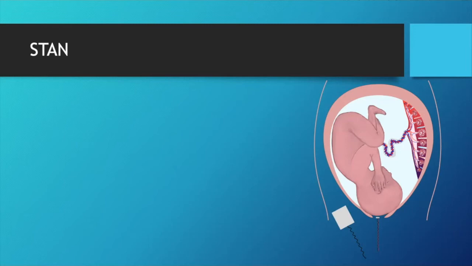The other thing is anything else that is producing an electrical impulse can interfere with your FSE signal. So if you put a mobile phone next to the machine, you can interfere with the ECG signal. If you put a TENS machine on mom's back, you can interfere with mom's signal.